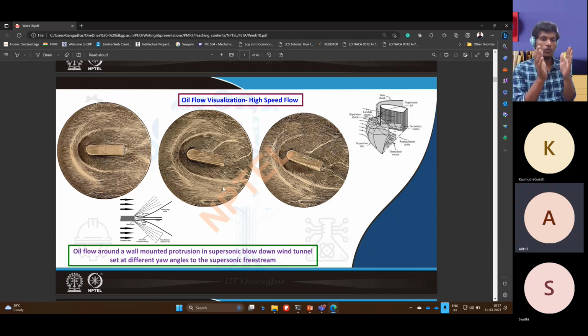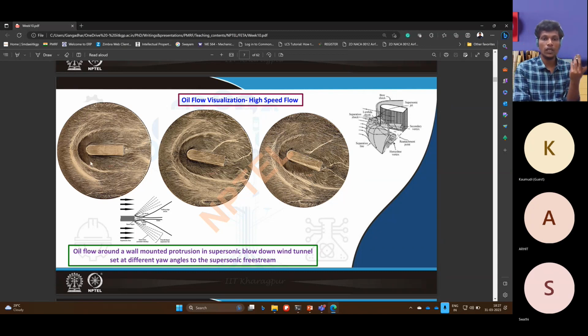If you have a uniform flow field without any disturbance, you cannot see any uneven distribution of oil in the flow field. Let's consider the first image. If you don't have any kind of object in the supersonic flow, or whatever the flow is, do you think the oil will give you any patterns in that free flow?